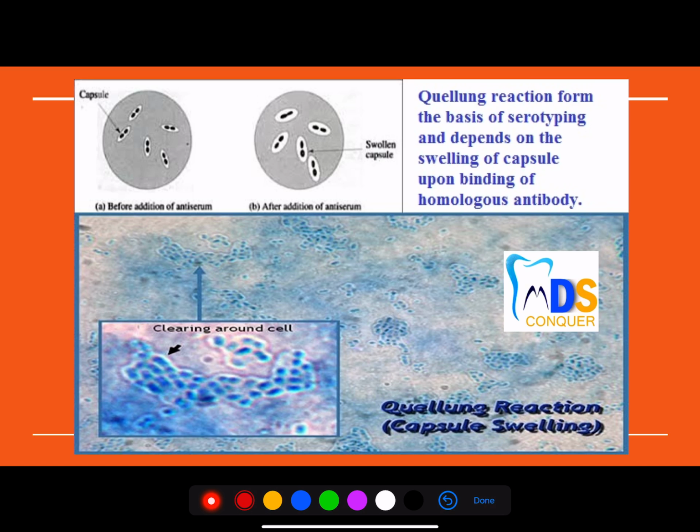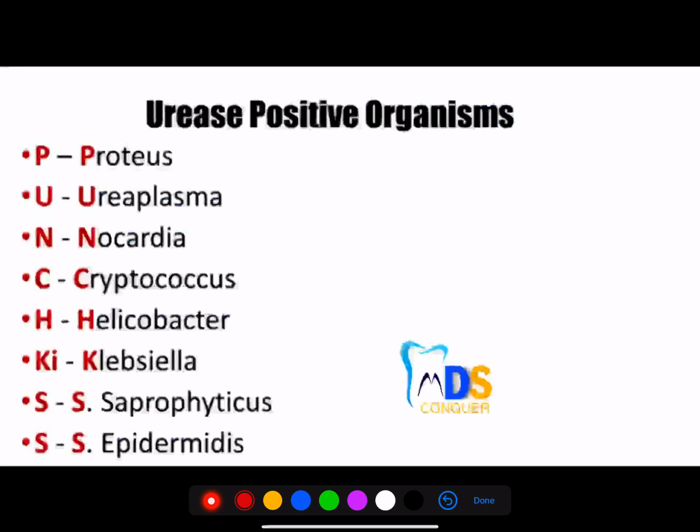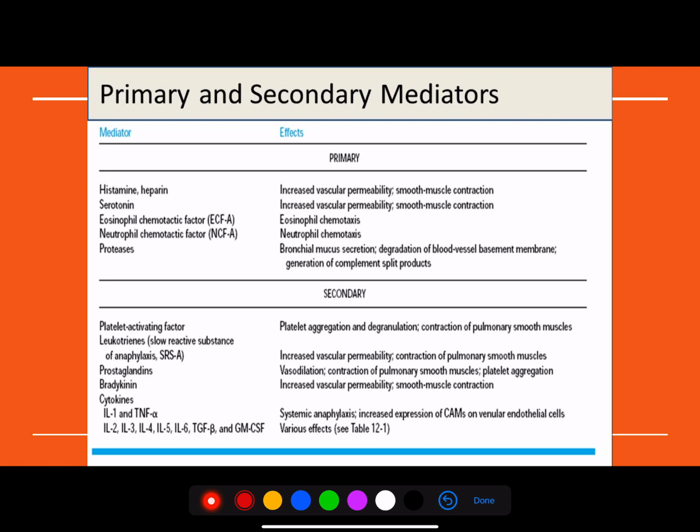Of course, this is a question given in one of the AIIMS examinations directly from the offline classes. Please make a note, this is very, very important. And coming to the urease positive organisms, please make a note of the urease positive organisms' names list.